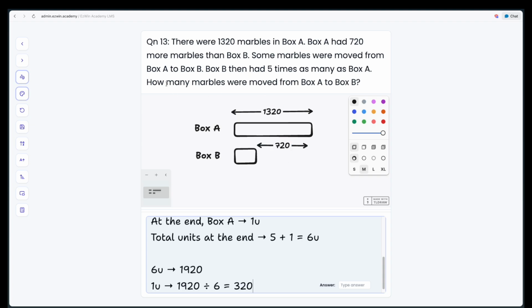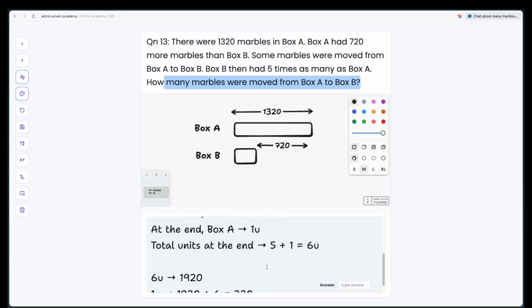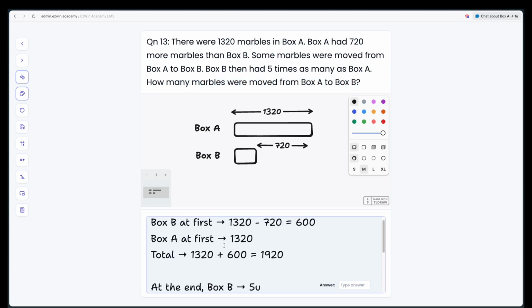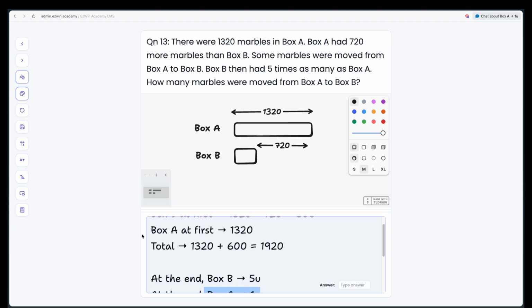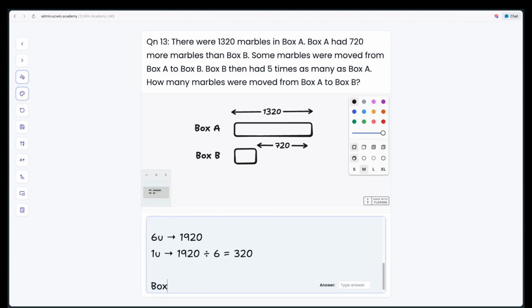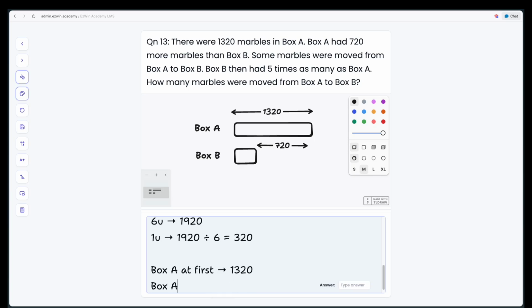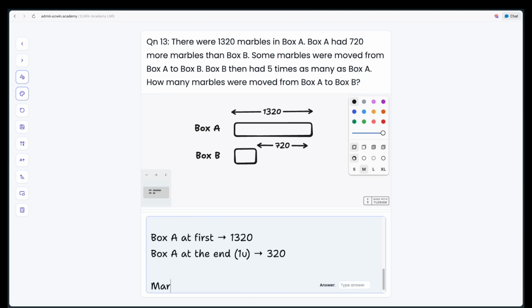So now we want to know how many marbles were moved from box A to box B. We know that in the end, box A has 1 unit, and box A at first had 1320. Box A at the end is 1 unit, equal to 320. So marbles moved is 1320 minus 320, equal to 1000. So the answer is 1000.